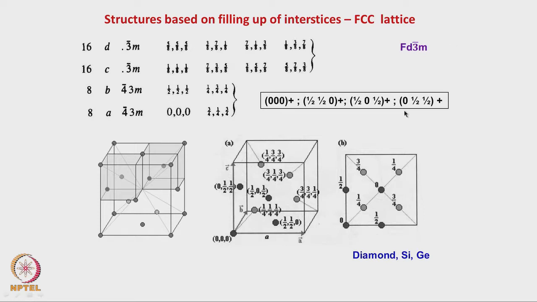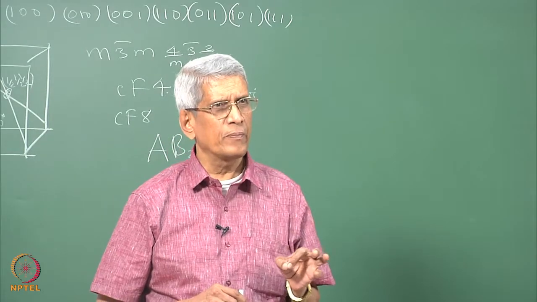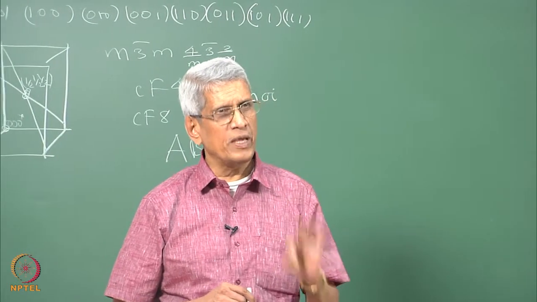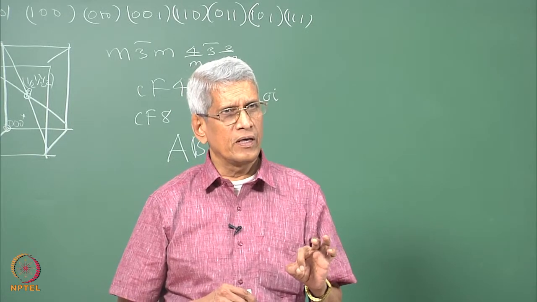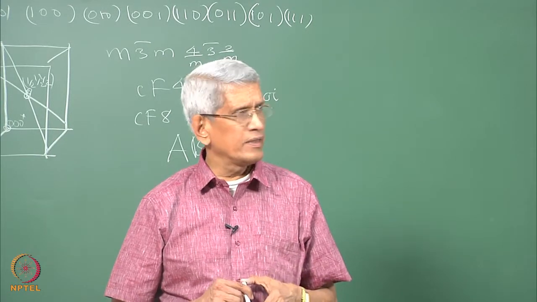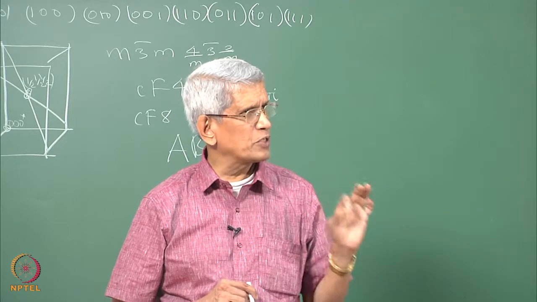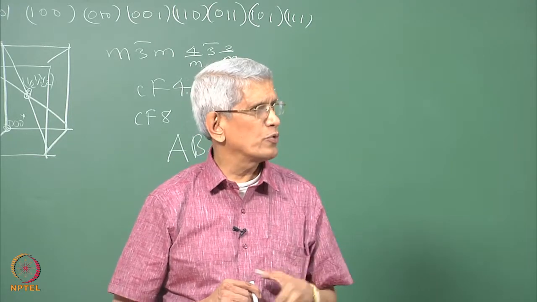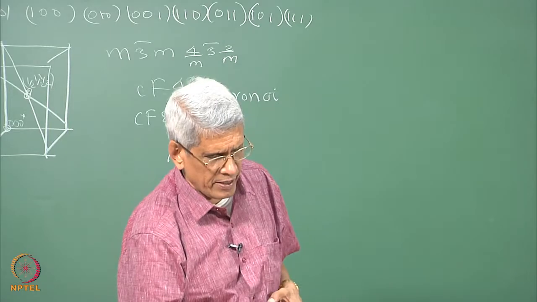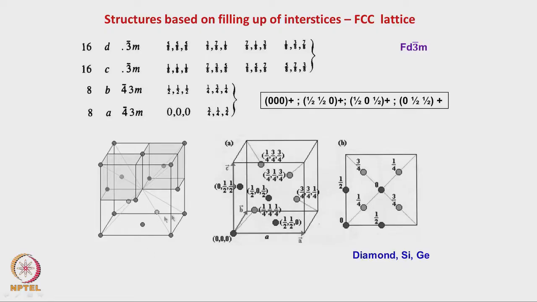Then here is this diamond, which is a crystal based on FCC lattice, correct? The number of atoms per lattice point will be 2 in this particular case. Earlier we have discussed what are the various ways in which it can be represented.